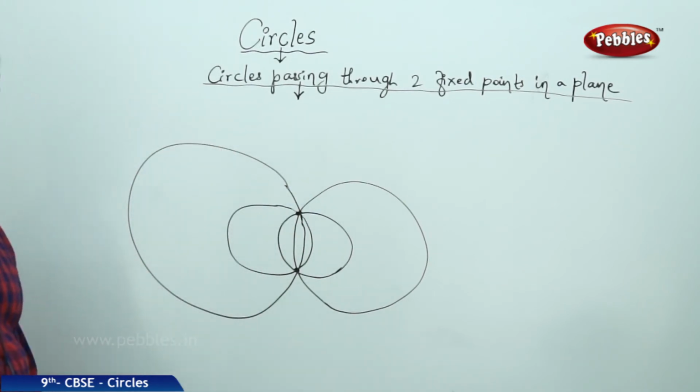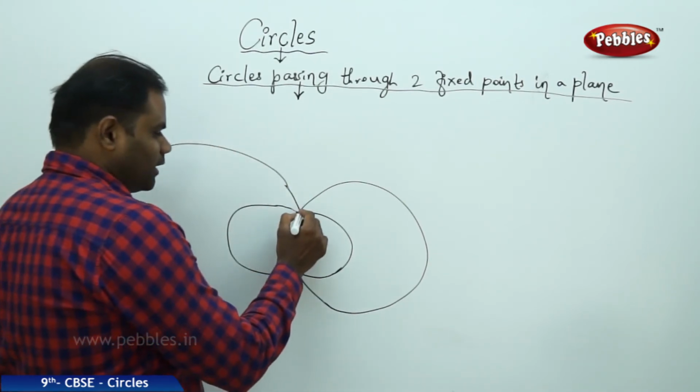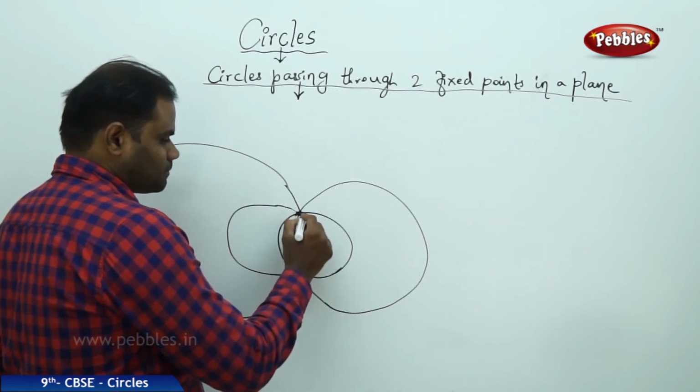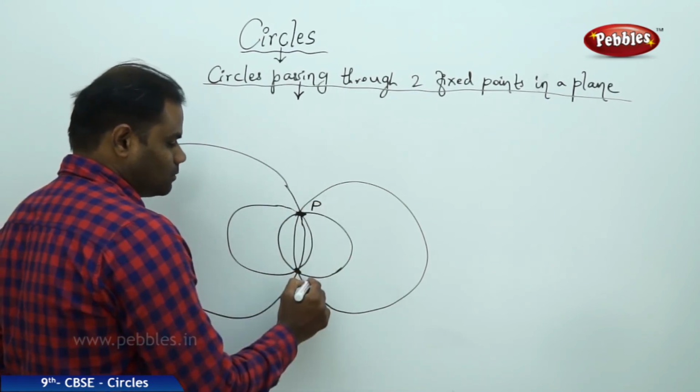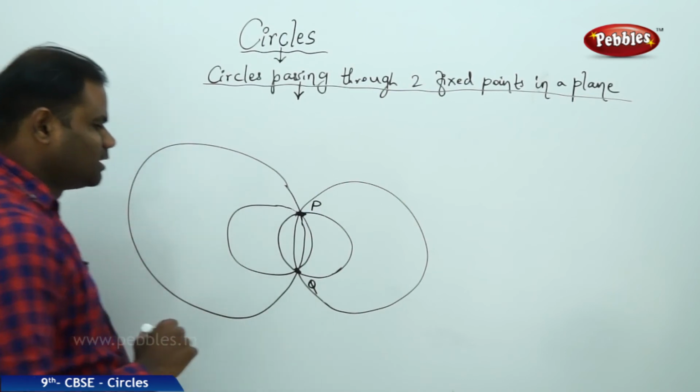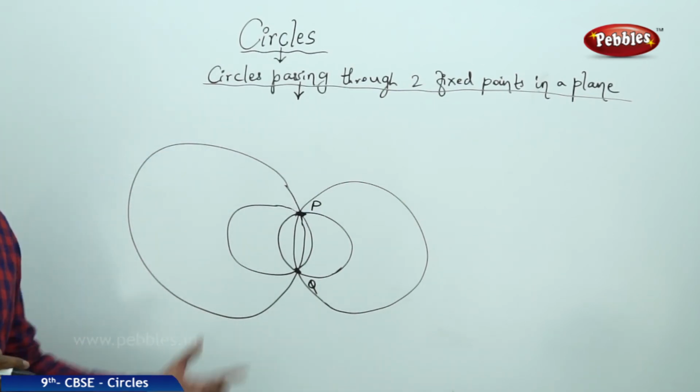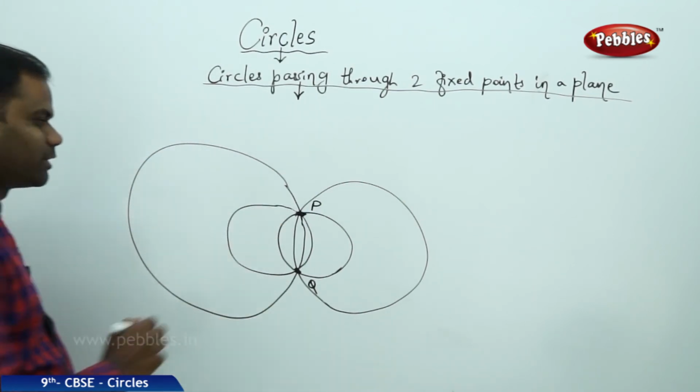And next, we have this. So here I find that for 2 points, say P and Q, which are fixed in the plane, there are infinitely many circles which can be drawn through those fixed points.